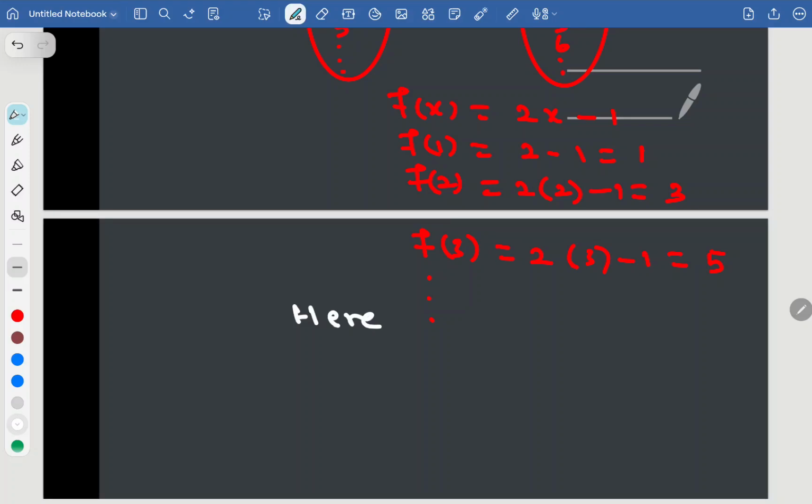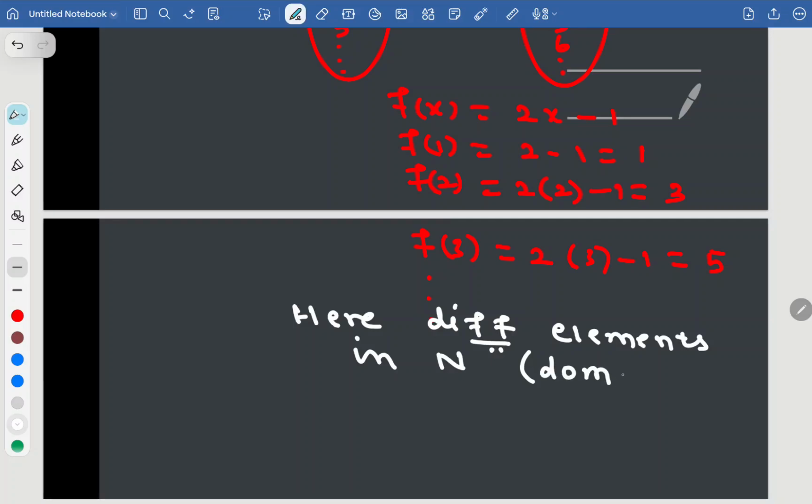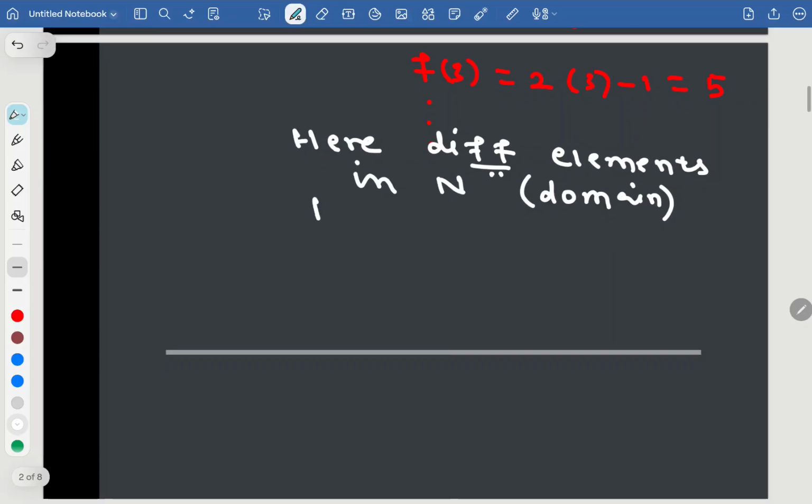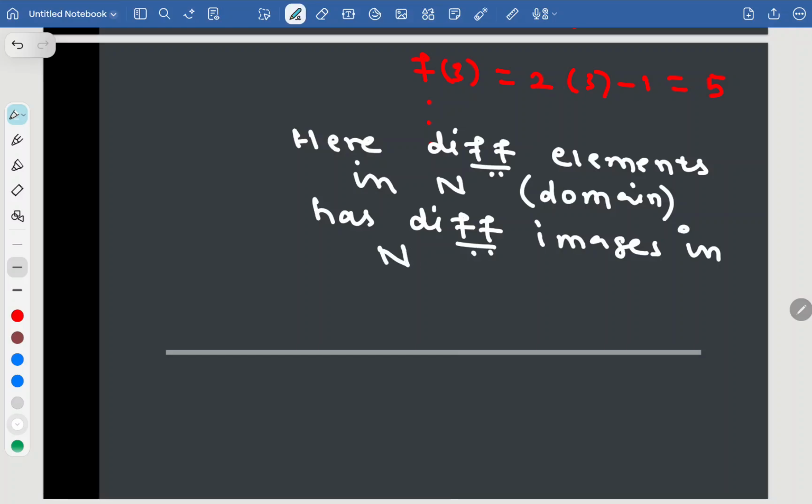Here, different elements in N, that is our domain, have different images in N. What is N?